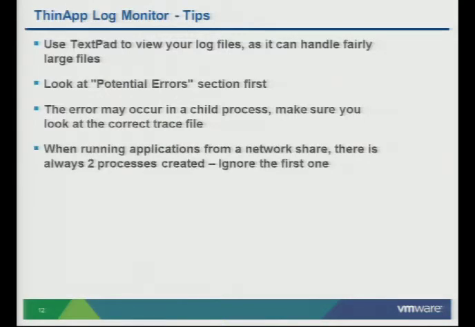If you launch the package from a network share, we have a function of relaunching ourselves. This is mainly due to antivirus software, so it will not lock the whole package and try to scan the whole package when we stream over the network. So this will always produce 2 logs. Make sure that you look in the active one. But it's pretty obvious. One is 2 gig, the other is 0K.